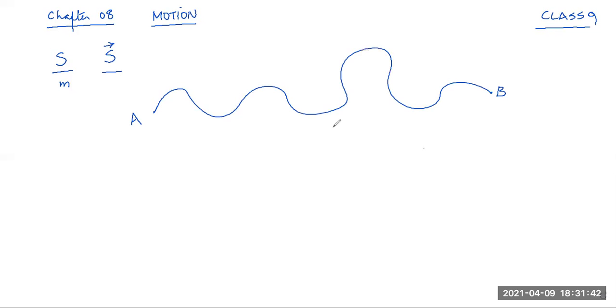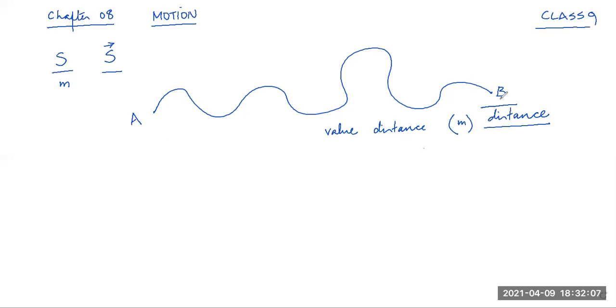But yes, there is a value for the distance covered. He has covered some distance along this path, and that distance calculated in meter is simply the distance. It does not have any particular direction.